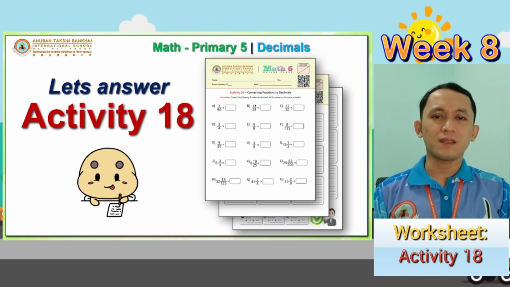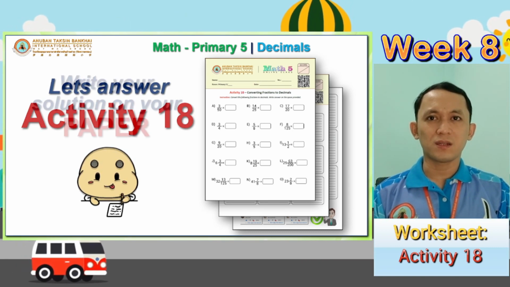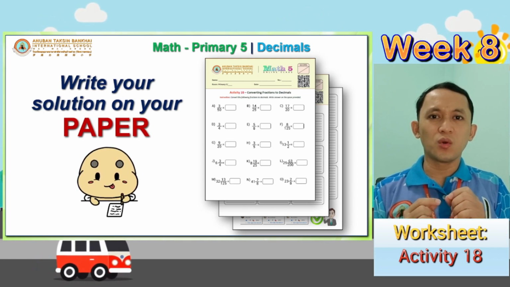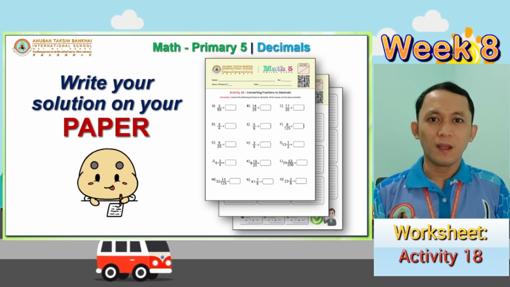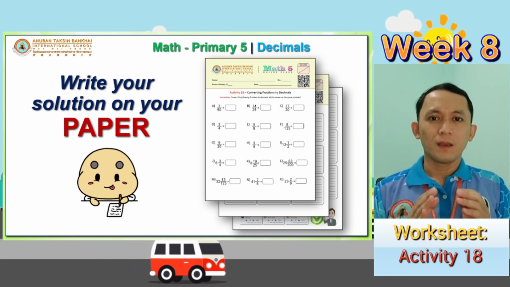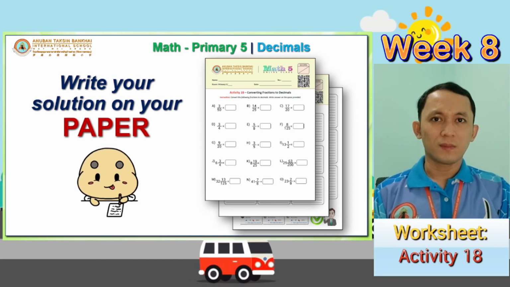You have 15 items, and take note, you are going to write your answer on your paper and your solution on the solution paper that was given. Again, do not use your notebook anymore. Use the paper that was given to you.